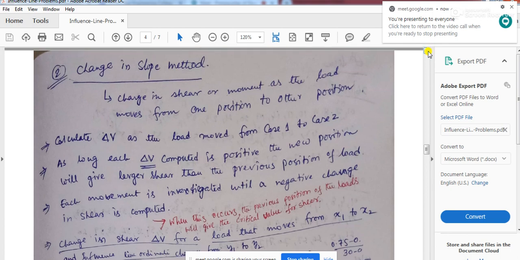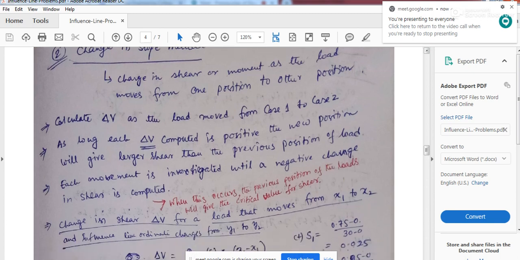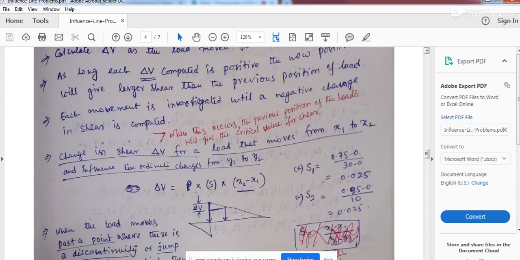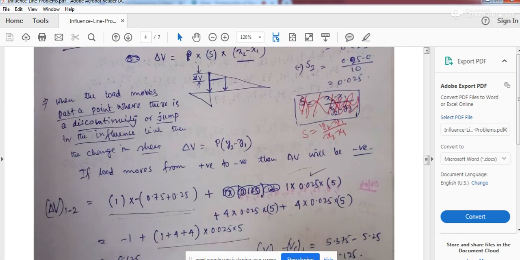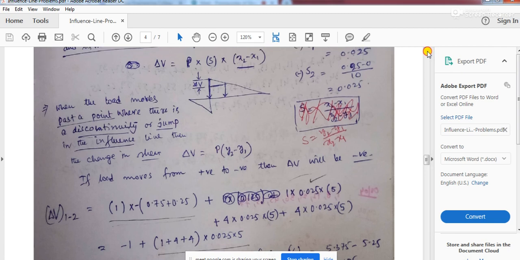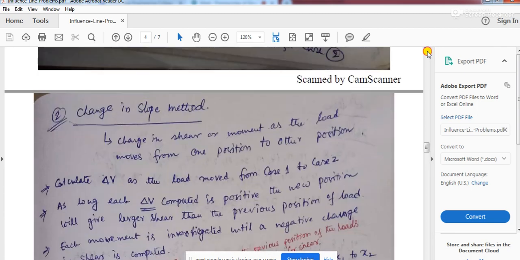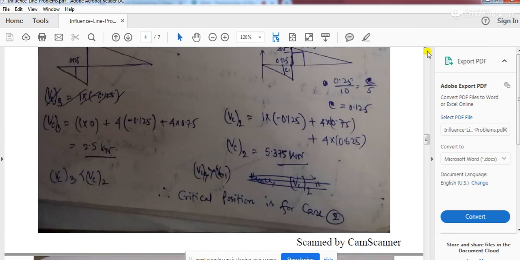So you have this with you, right? So the change in slope method we have discussed today, and there is a problem given. For this, please try it on your own, okay.